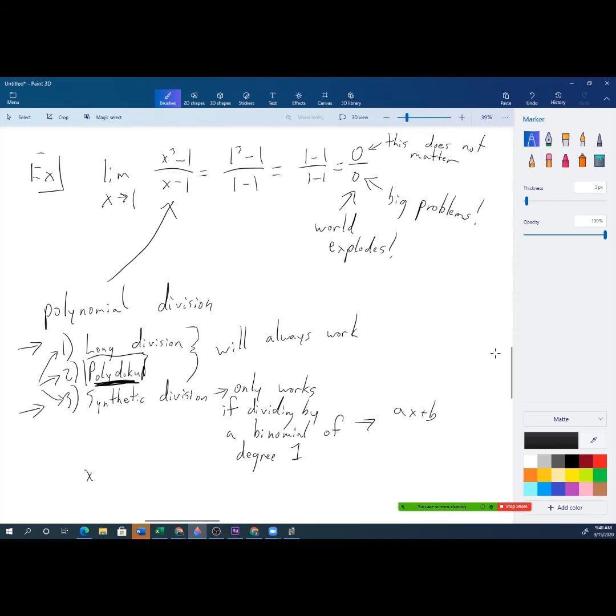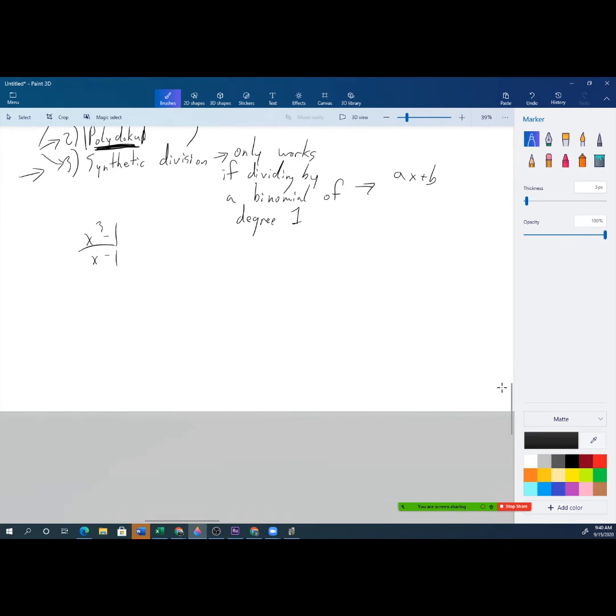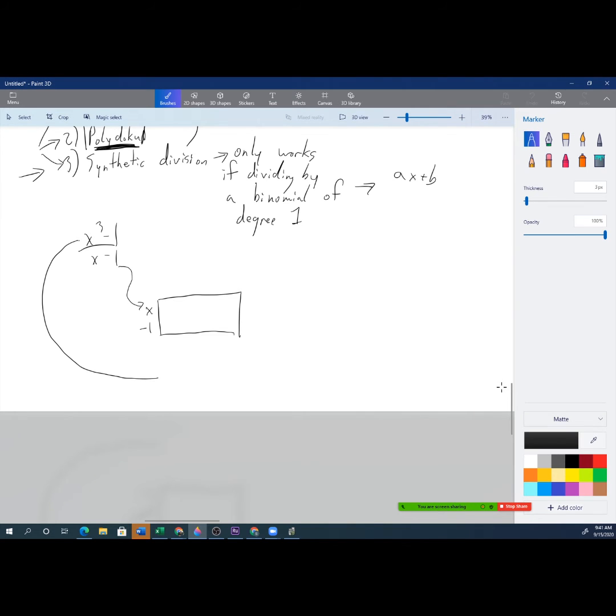So, I'm going to write my problem down here again because I'm about to scroll. With polydoku, remember, whatever goes on the bottom of the fraction, that's what goes off to the side. And whatever was on top, that would be your answer after you multiply two things together.